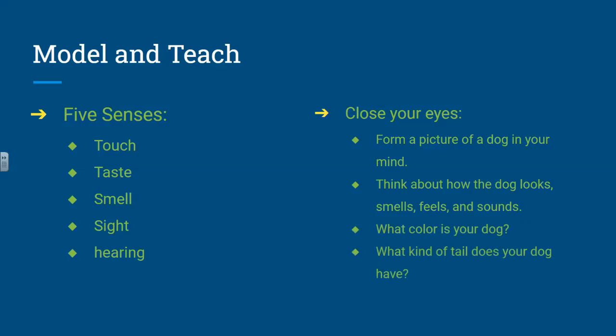What kind of tail does the dog have? Any of those things. And of course, if anybody owns pets, sometimes they're a little bit stinky. So, what does the dog smell like?